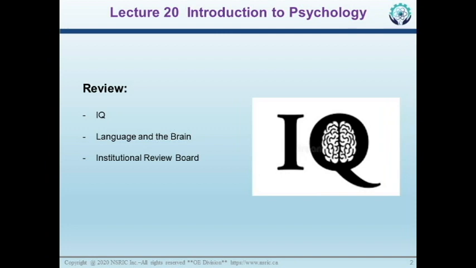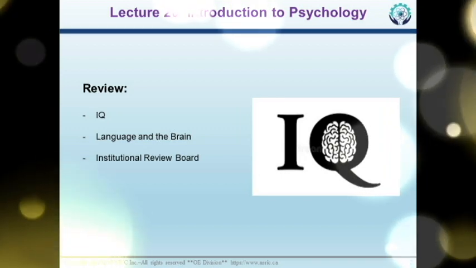So firstly, it's important here to understand that the average IQ is 100 on this scale. And this means that half of the population scores below 100 and half of it scores above 100. The IQ test is standardized so that the average score remains at 100, and it has a standard deviation of 15 points.